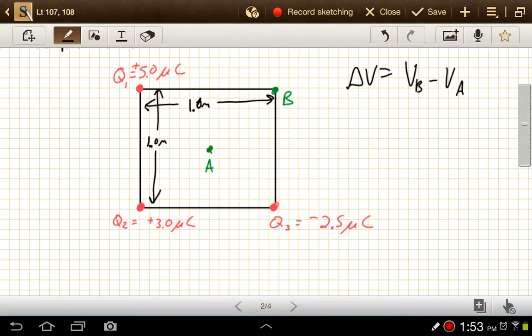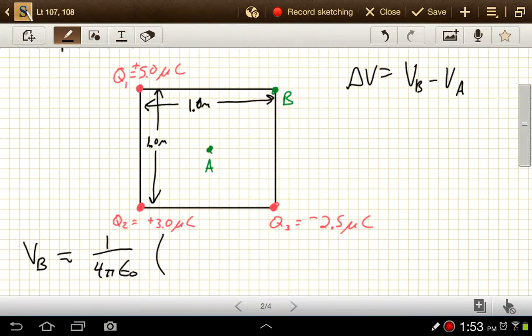Let's start with B. VB equals, don't do any vector signs here, these are scalar quantities. Our overall equation: 1 over 4 pi epsilon naught times, and then we're going to add all the charge over distance fractions together here.